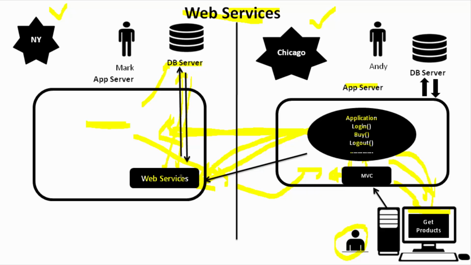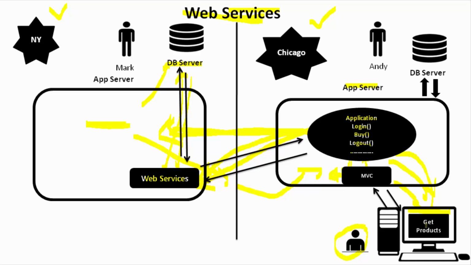That response will be sent over the network, typically the internet, back to the application. Now that application via this MVC framework will send that information to this end customer. Now I, who am requesting this get products, will be able to look at all the products.